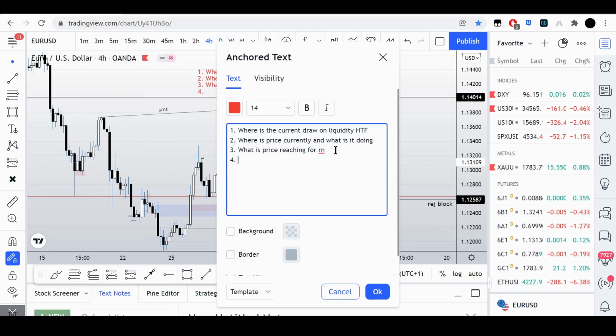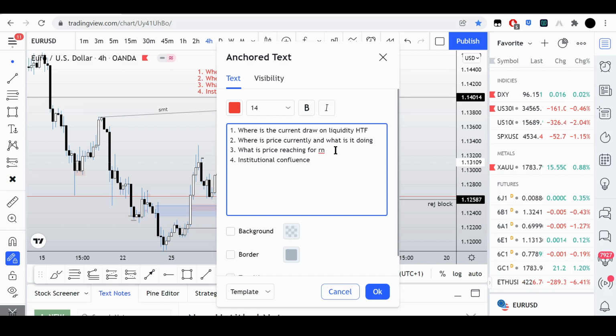Okay, now I told you, how can you have an edge with order flow, right? With institutional order flow, how can you have a higher edge when you don't know that much about it? How can you have a bigger edge? Okay, so I'm gonna tell you guys that right now, and that's institutional confluence.